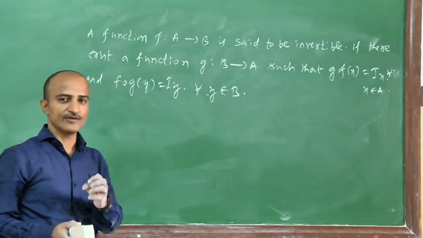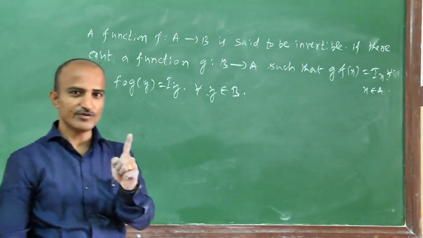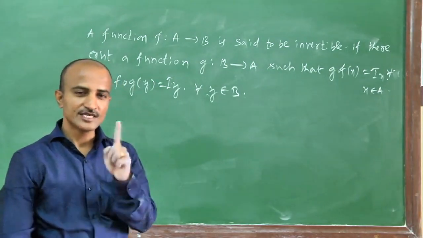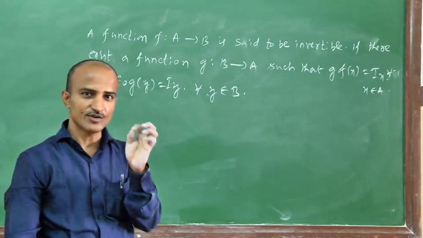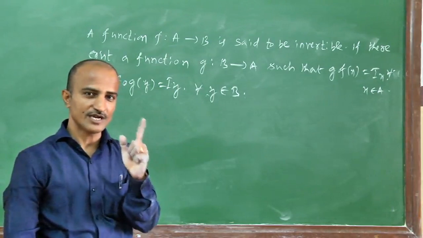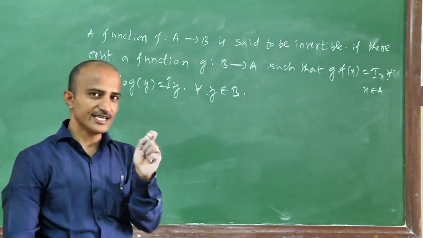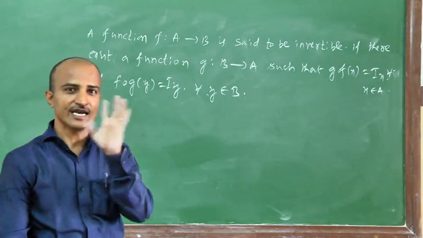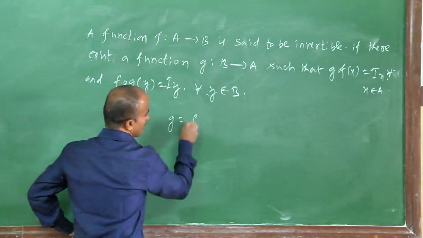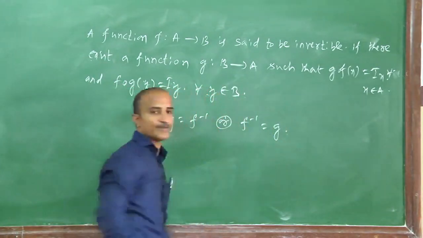Now we will discuss some of the properties of invertible functions. How do you define an invertible function? A function f from A to B is said to be invertible if there exists a function g from B to A such that g∘f of x is equal to I of x for all x belongs to A, and f∘g of y equals I of y for all y belongs to B. Here g is the inverse of f and is denoted by g equals f inverse or f inverse equals g.